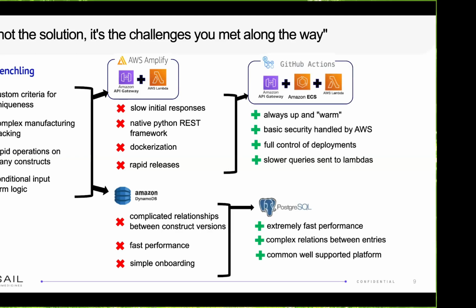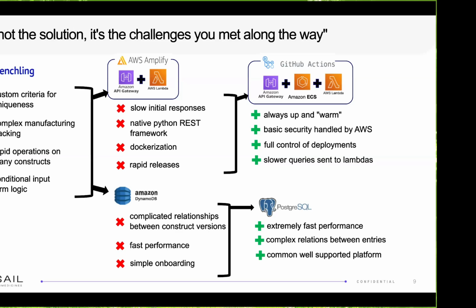So where we're at now, we have GitHub Actions, which manages our infrastructure using API Gateway, ECS, and Lambda. ECS essentially lets you run Docker images on a flexible computing environment. So it's not quite as on the fly as Lambda. You always have a server running, but you don't have to manage the details of the server.